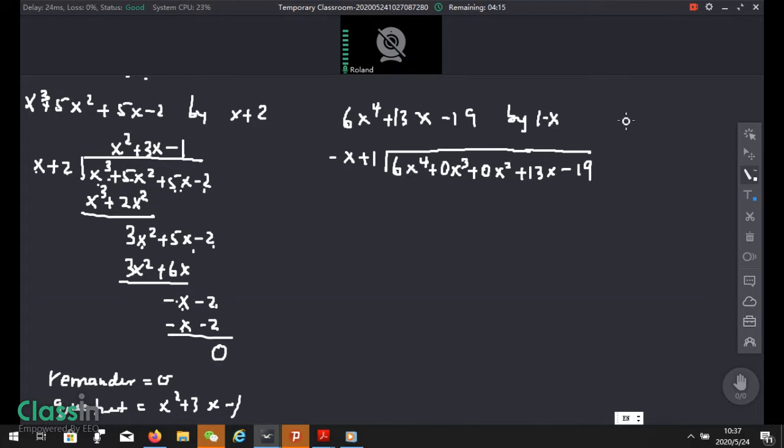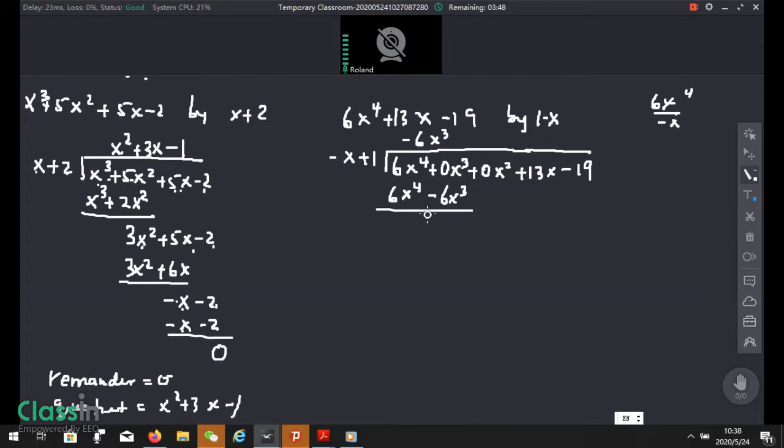So 6x to the fourth divided by negative x becomes negative 6x cubed. We can multiply negative x plus 1 by negative 6x cubed. Negative x times negative 6x cubed becomes 6x to the fourth. 1 times negative 6x cubed becomes negative 6x cubed.